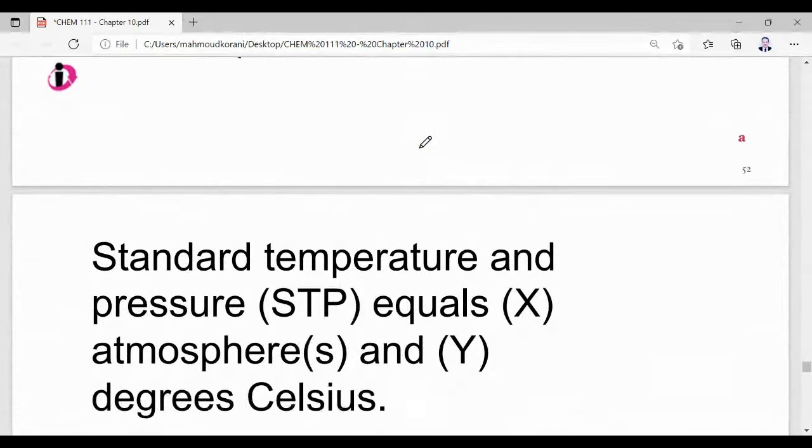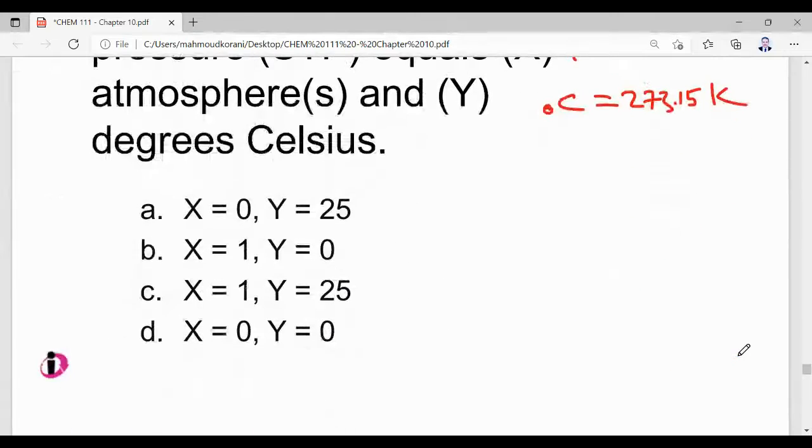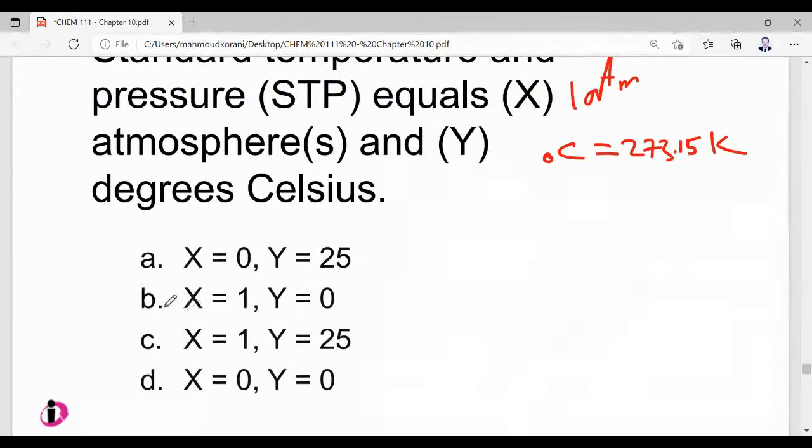The standard temperature and pressure, STP, equals X atmosphere, which should be 1 atmosphere, and Y degrees, which should be 0 Celsius, equal to 273.15 Kelvin. Since I'm giving temperature 0, it should be B. You will take this in physical chemistry, inshallah, which is thermodynamics. At SATP, in thermodynamics, the temperature is 25, room temperature, not 0.